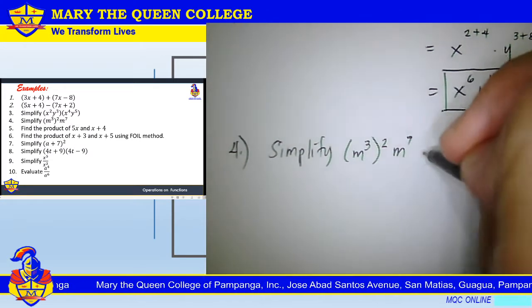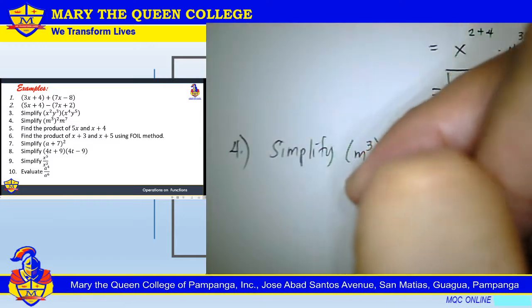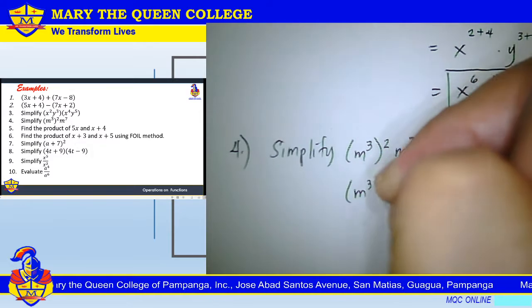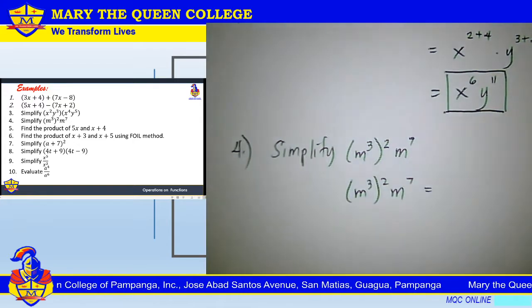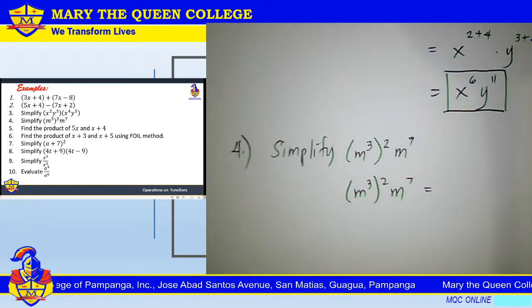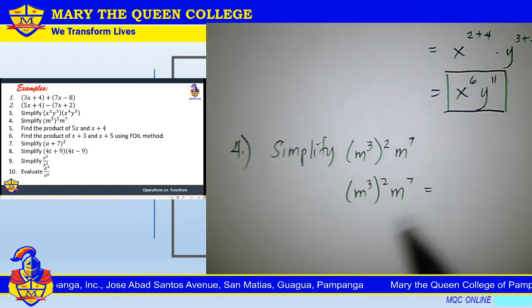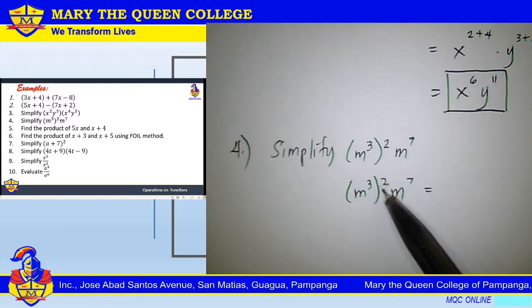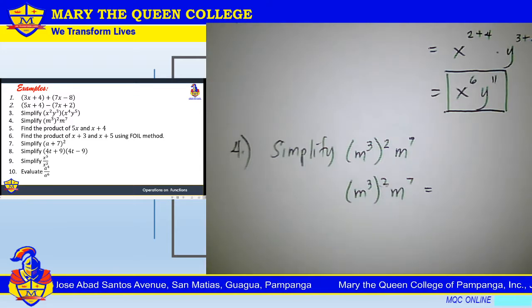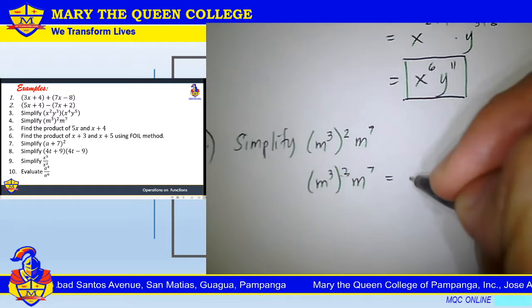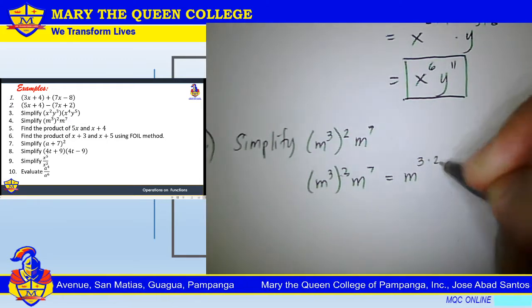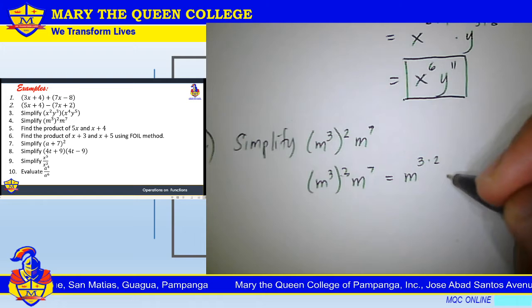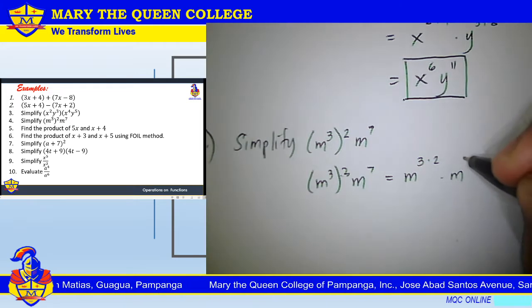So from here, we have the power rule, wherein the power outside, the exponent, is multiplied to the exponent inside. So what happens here, we have m raised to 3 times 2, then times m raised to 7.